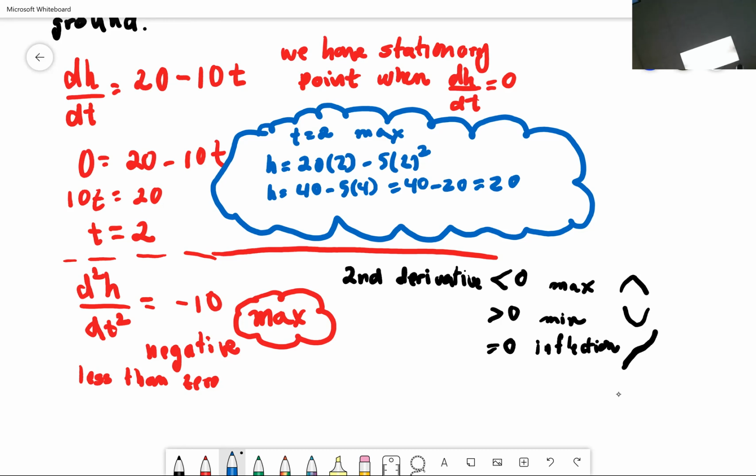And so the maximum height is 20. Let me write it. There you go. The maximum height is 20.